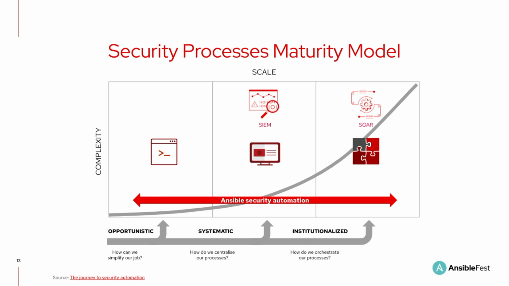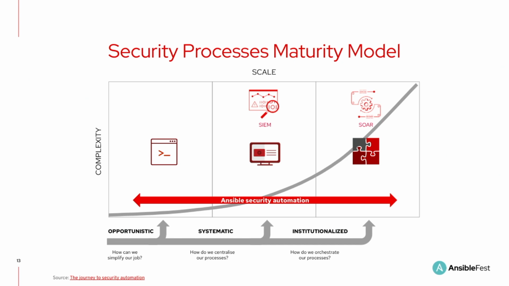That's where we move into systematic. Systematic is a componentry of, okay, I've reached a point where I have universal logging across my entire environment. It's going to a central place. I can do log correlation on anything. That's pretty good. The next is institutionalized, and this is where we get into the security orchestration automation and response platforms, or SOARs.